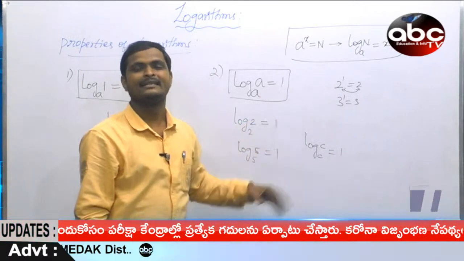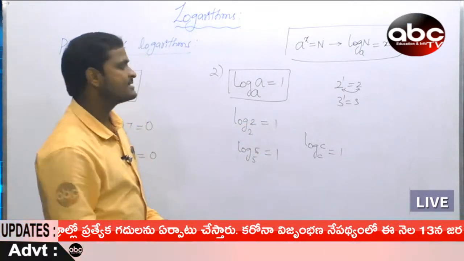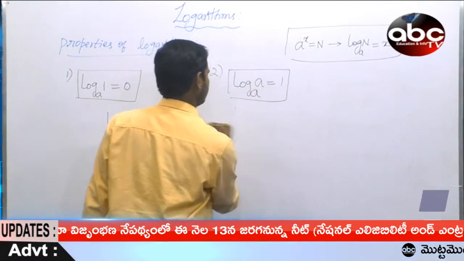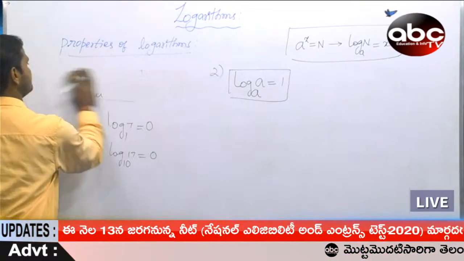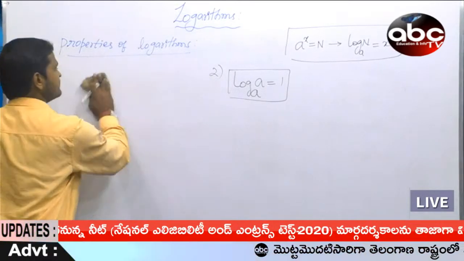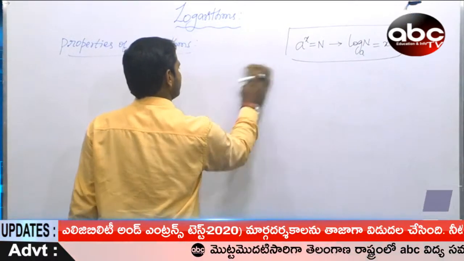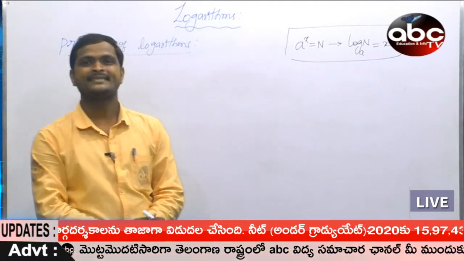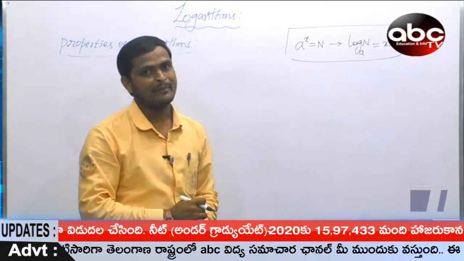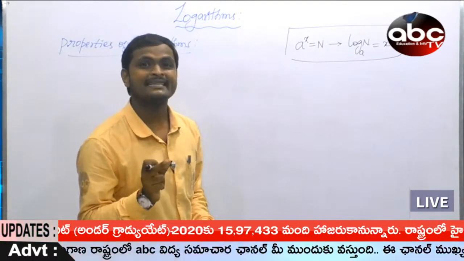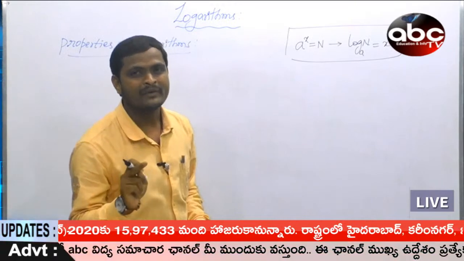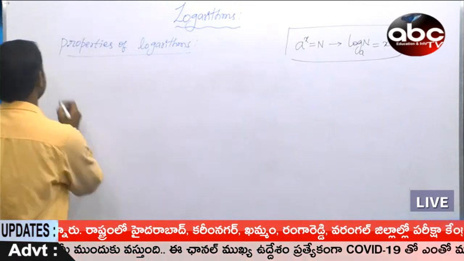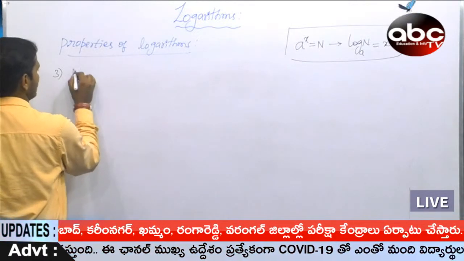Then the third property is based on a power m into a power n. Already you know what the answer is: a power m into a power n is a power m plus n, right? Then the third property is the product rule.